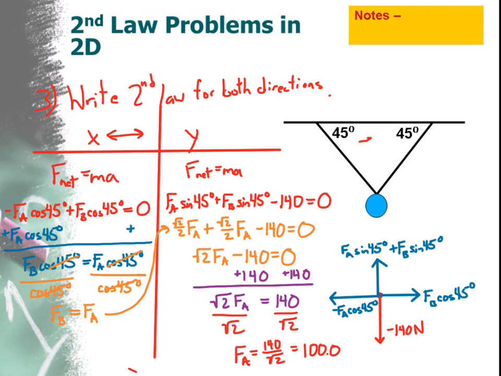But since my weight was reported to two significant figures, I have to round that also to two significant figures, which is 100. It looks like one significant figure, doesn't it? So more accurately, what I would do is convert this to scientific notation, and now I'd write 1.0, because this has two significant figures, times 10 to the 2 newtons.